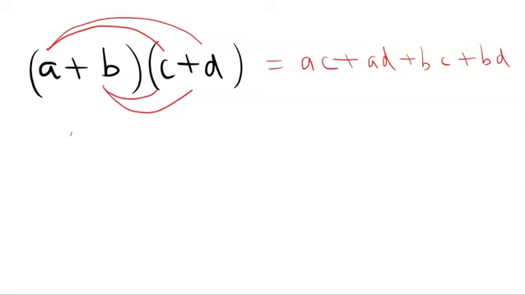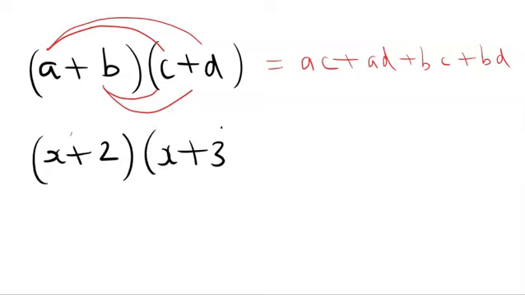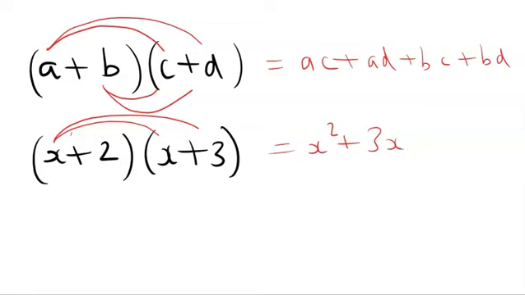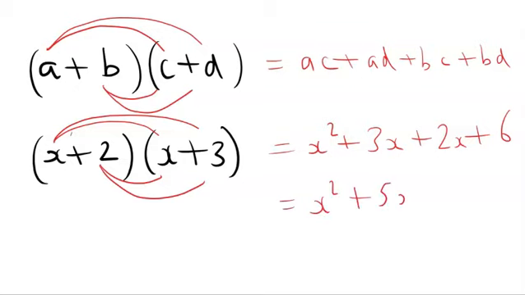For example, if we have this x plus 2 multiplied by x plus 3, what we get is x times x is x squared, x times 3 is 3x, 2 times x, 2x, and 2 times 3 is 6, and that becomes x squared plus 5x plus 6.